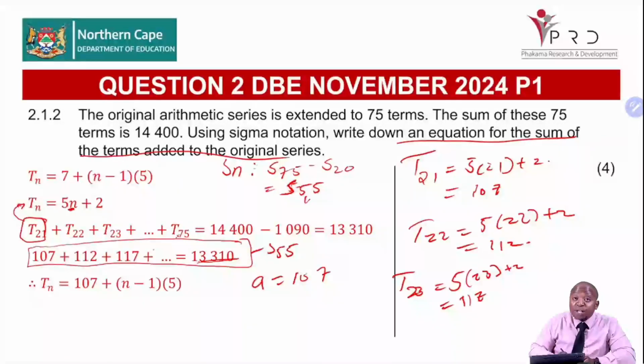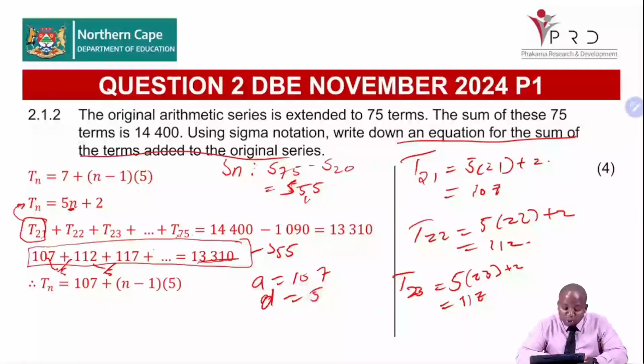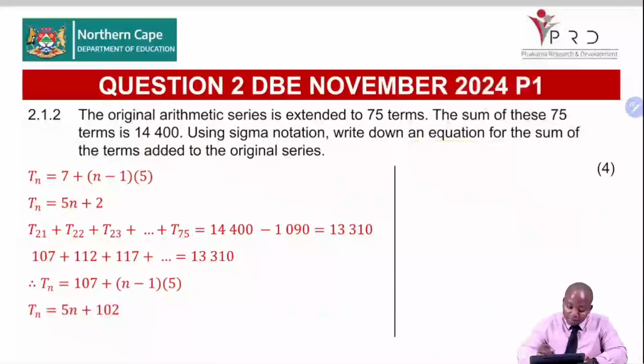So I have a new series from T21 until T75. The first term there is 107. Then my D: when I subtract, I get 5 again from 117 subtracting 112. So D equals 5 in that case. Then my Tn is 5n plus 102.